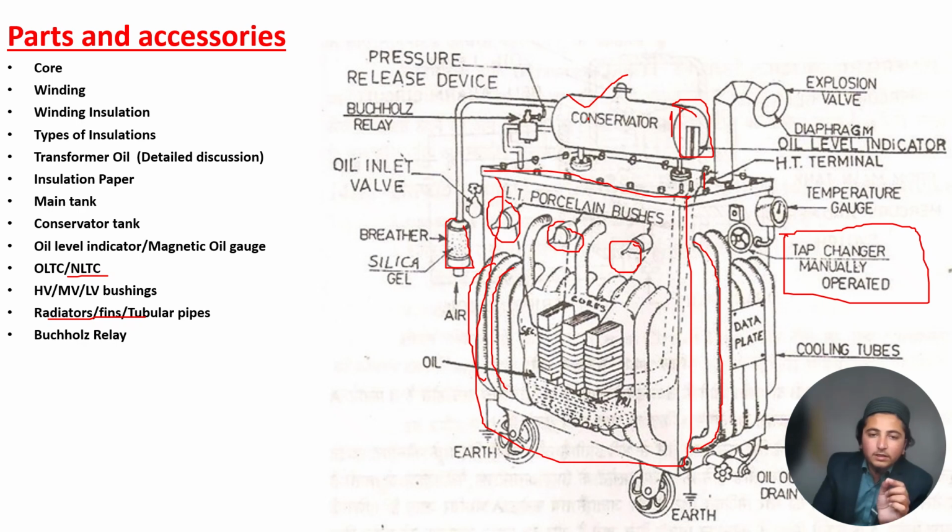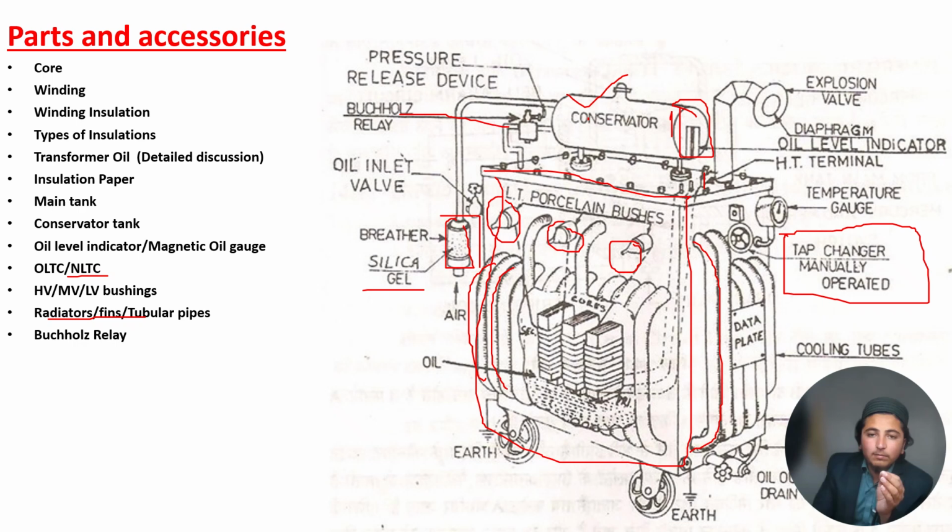Silica gel is a material which changes color when humidity is exposed to it. It works as a breather for the transformer, which filters the air from any other particles that can be a cause of insulation problems. So this is the Buchholz relay.